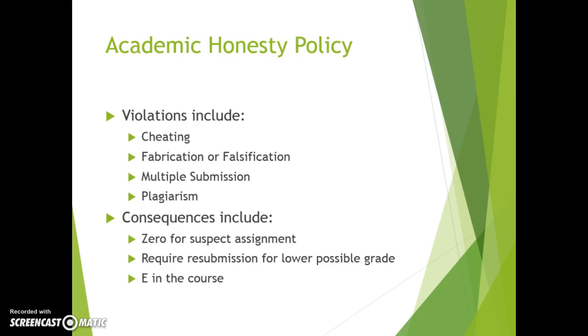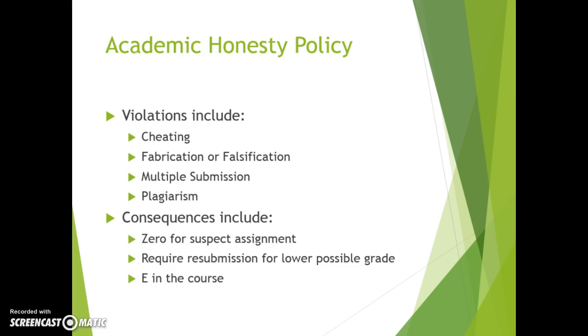And then plagiarism is where you do not provide adequate or appropriate citation to indicate that your thinking is drawn from another person's work or that the words that you've used are directly from another source. So the consequences for violations include any one of these three things. You might receive a 0 for a suspect assignment.